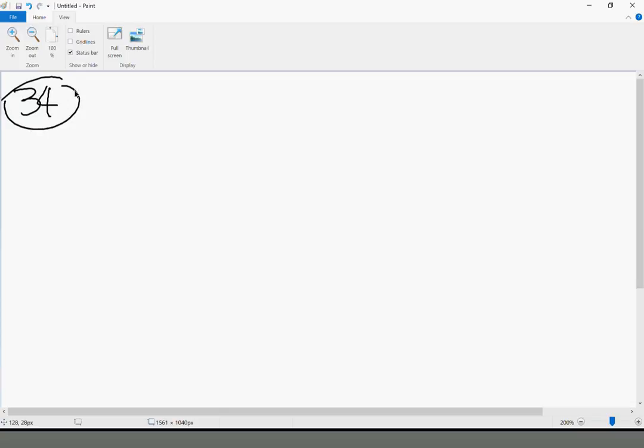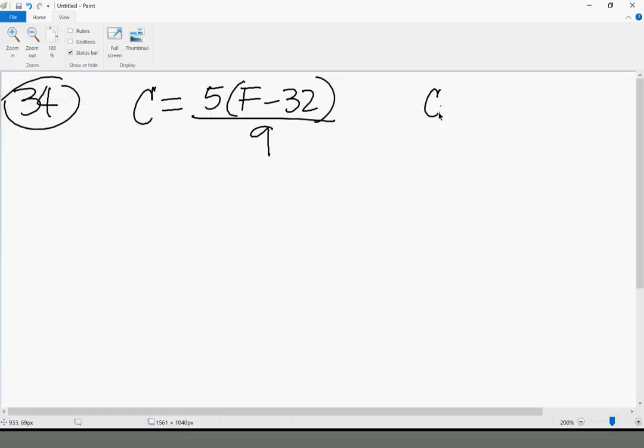Okay, 34. So I have the temperature conversion formula. It's given to you. C equals 5 times F minus 32, all divided by 9. So the C represents Celsius temperature, and F represents Fahrenheit temperature.